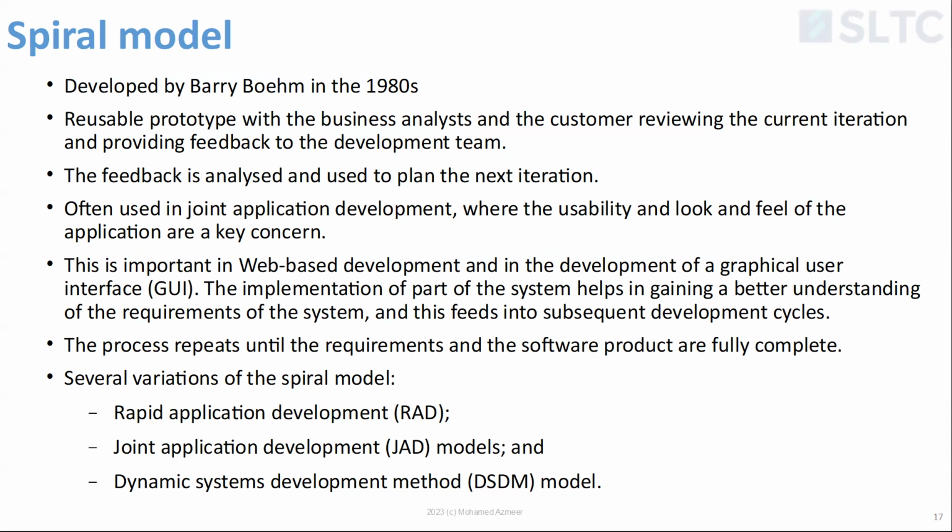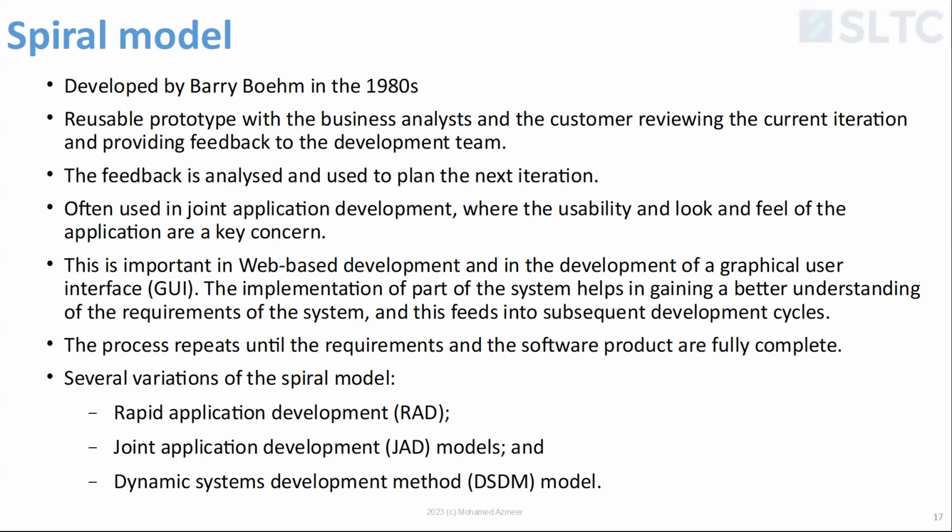But there are also a few variations. One is RAD, Rapid Application Development, which was actually possible with Visual Basic, where you drag and drop the components to the screen, write a bit of code, and then when the customer sees it, they see the interface, they see the UI. So giving feedback is very simple.